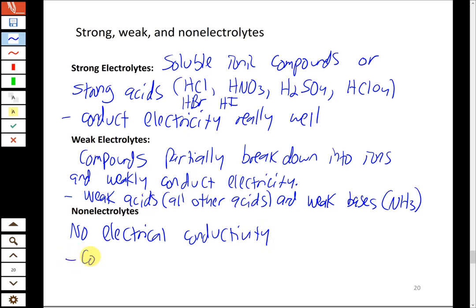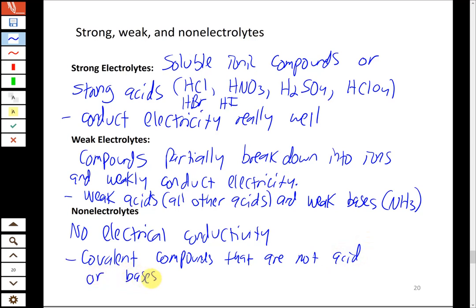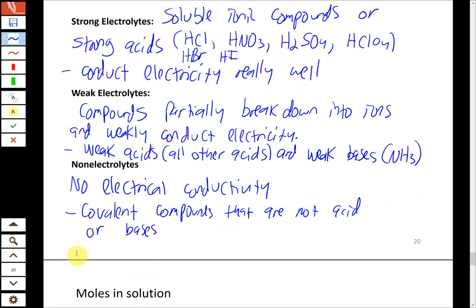So any covalent compound that's not an acid would fall into this category. So non-acidic or non-basic covalent compounds would be non-electrolytes. So these would be things like alcohols, which are something that end in OH.